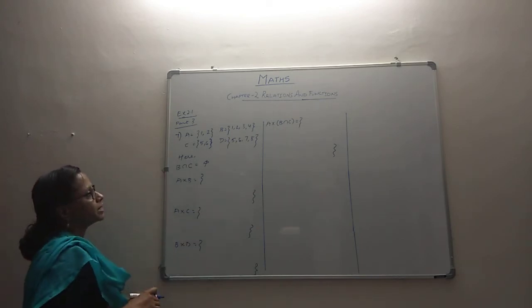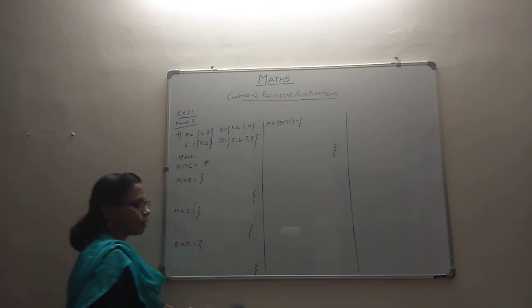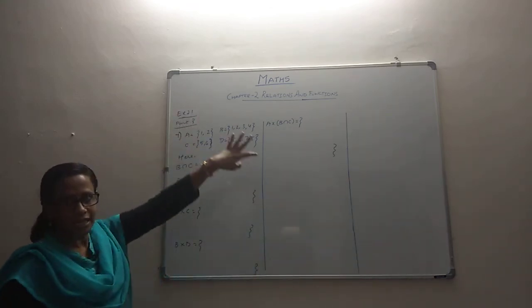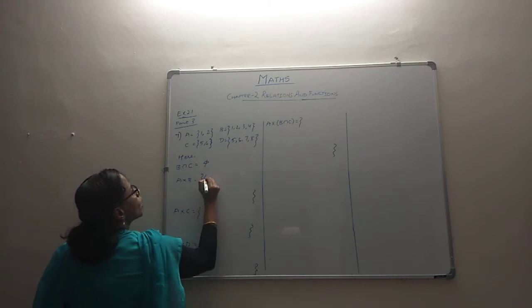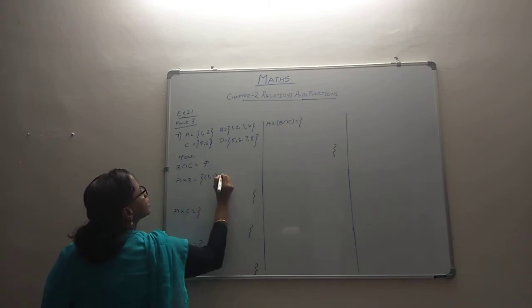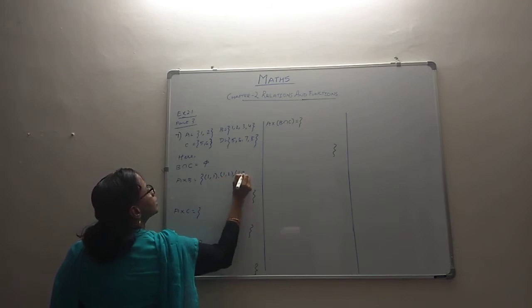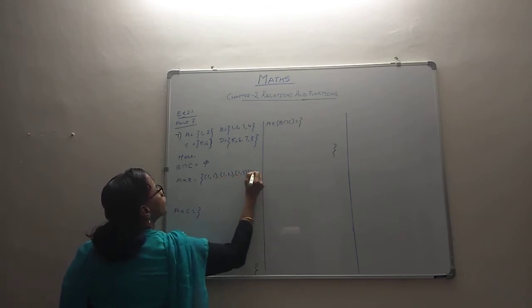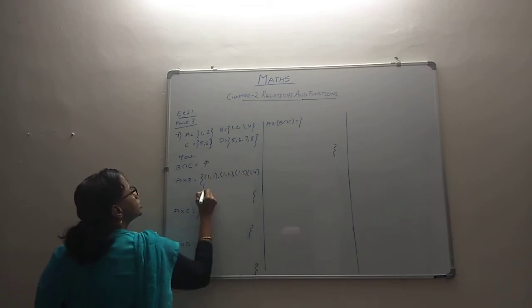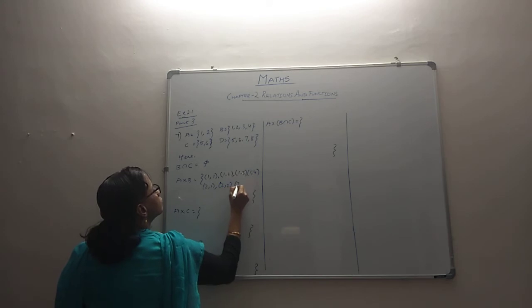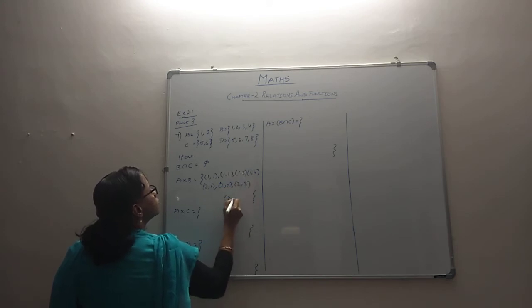Then A cross B. With A and B, we have to see what elements come up. A cross B: first element from here, second element from there. So it is (1,1), (1,2), (1,3), (1,4). Then the next element, (2,1), (2,2), (2,3), (2,4).